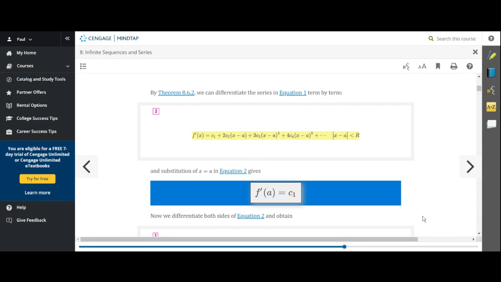Okay. Well, all right. Next, we have to find out what C2 is. So what are we going to do to equation 2? If we want to find out what C2 is, what do we have to do with equation 2?